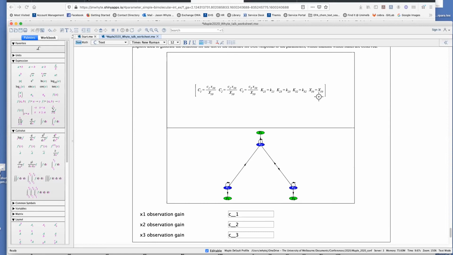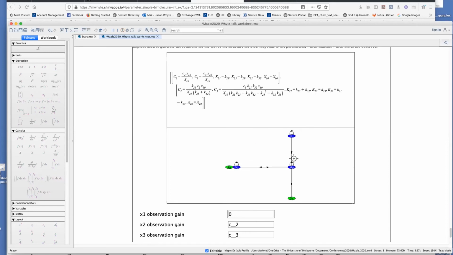Some of these parameters are free, so I'll never be able to estimate those uniquely, and some of the other ones I can estimate uniquely. The idea is that people would be able to play with this and say, okay, if I cannot measure observation X1 anymore, I've got a reduced system, and that changes. Now we have 2 distinct families of solutions. So this is very, very new work. I'm looking at polishing this up in the near future.